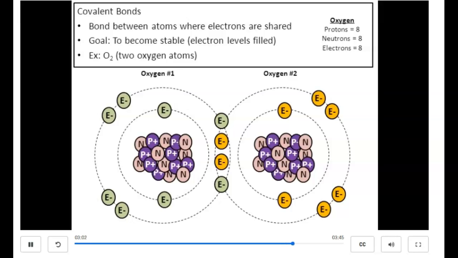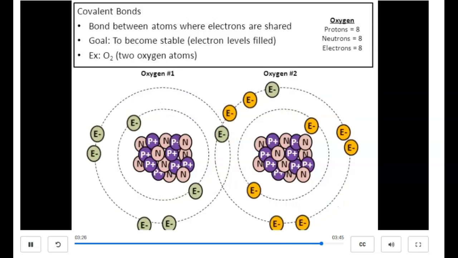Let's look at oxygen number 2. Oxygen number 2 has 1, 2 electrons in the first level, stable. Look at the outside level. 1, 2, 3, 4, a shared 5th, 6, 7, a shared 8th. Because they're sharing electrons, oxygen number 2's outside level is now stable.